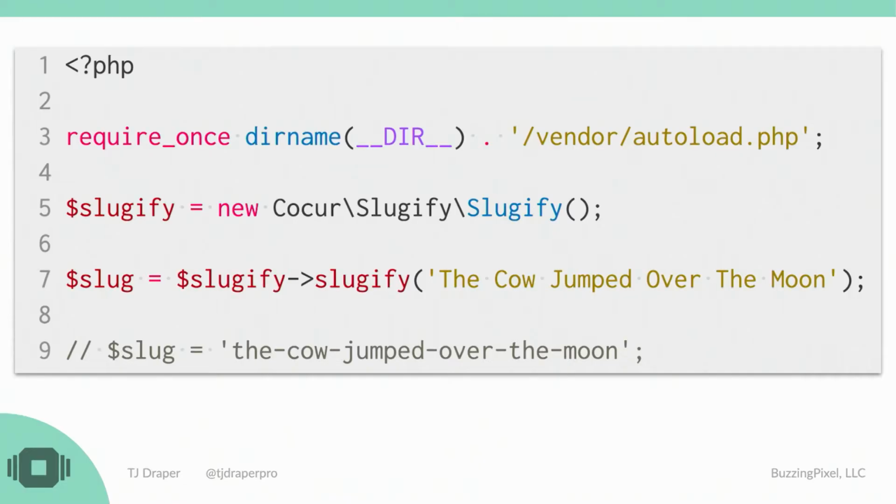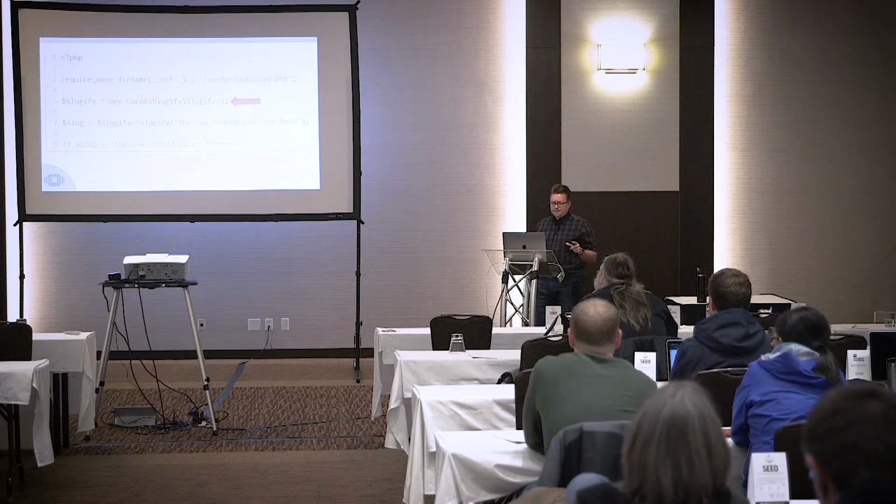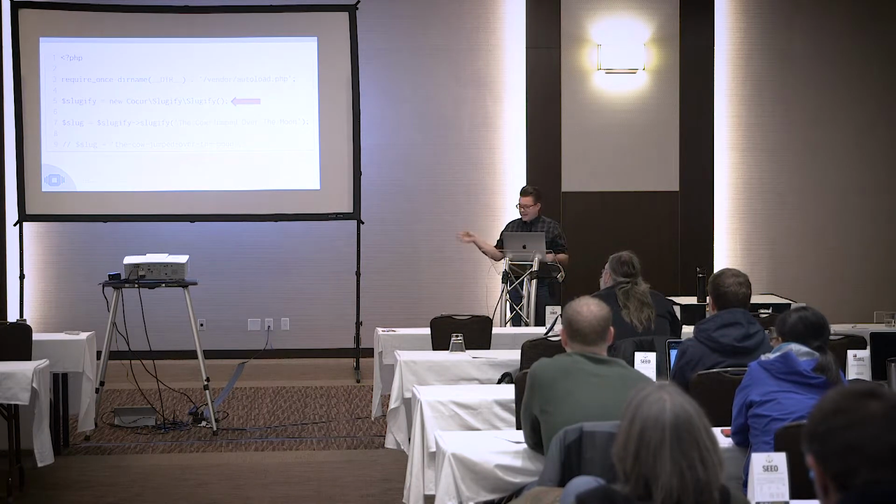Here's just a quick example of how autoloading is going to work with Composer. You see that I have required the Composer autoload file right there. And so now when I request a new instance of the Slugify class, which is part of that Slugify package that I mentioned, PHP is going to say, I don't know anything about a class named Slugify with that namespace.